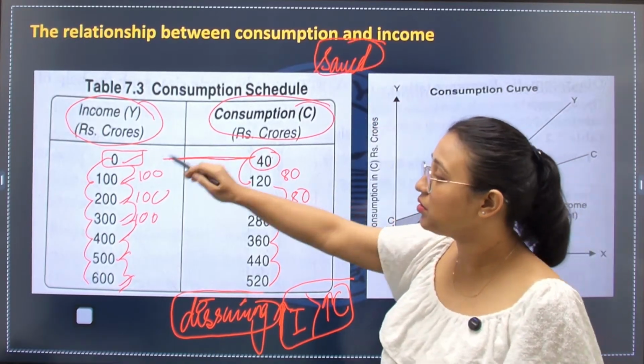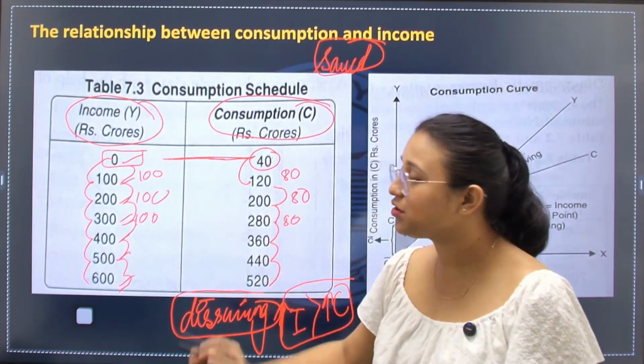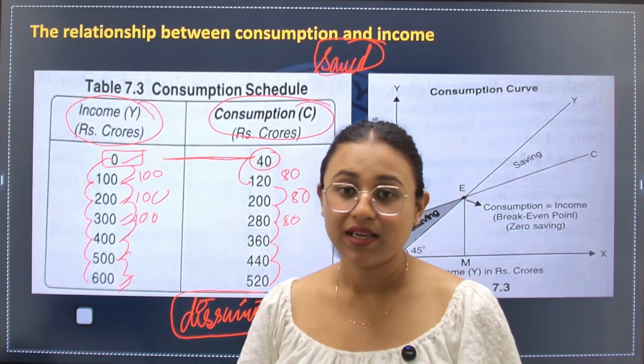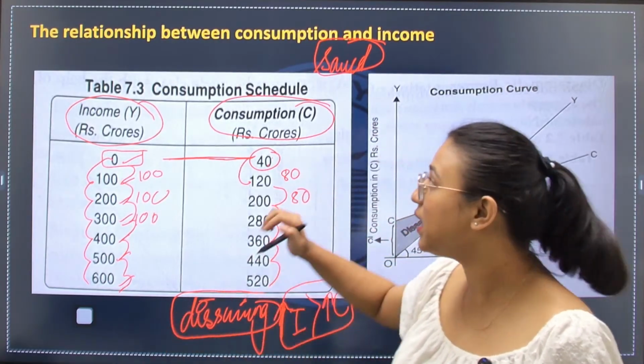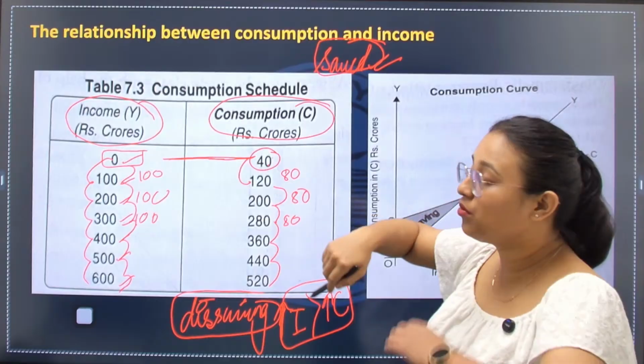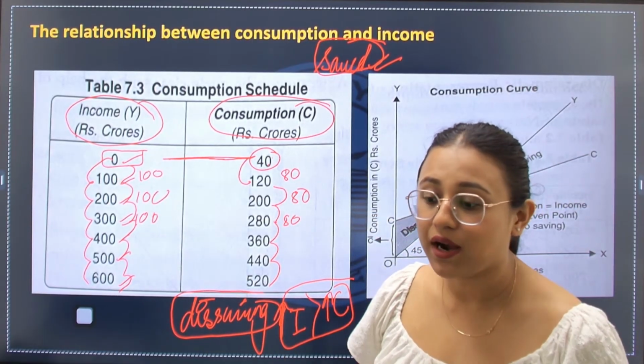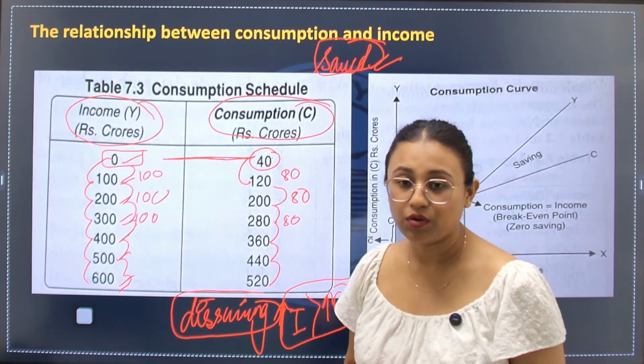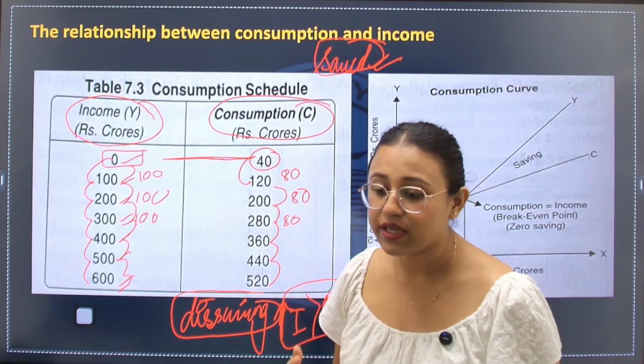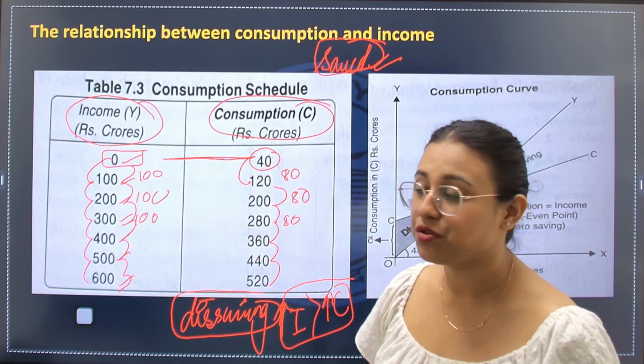So when your income increases by 100 rupees, you spend 80 on consumption, and the remaining 20 you actually save. So given this idea, not everything that you earn is spent on consumption.